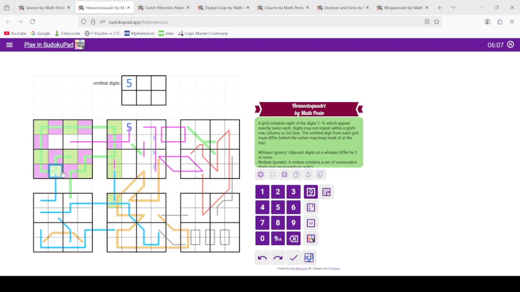If this green digit is low, it would have to be 3 or 4. And this over here would have to be either 1, 2 or 1, 3.